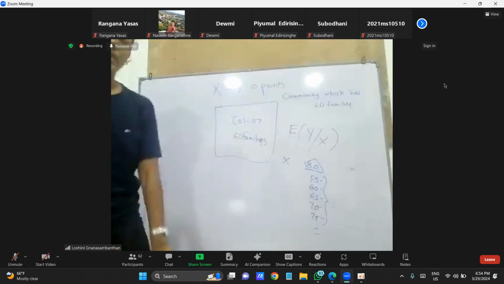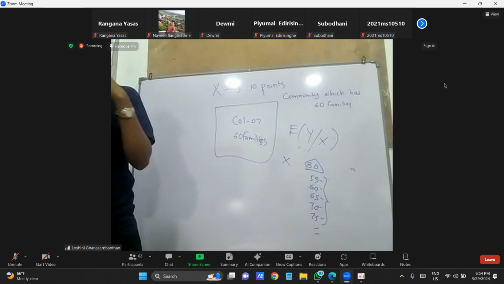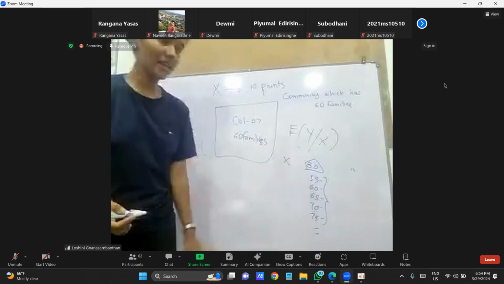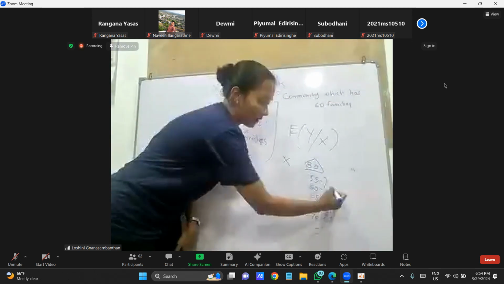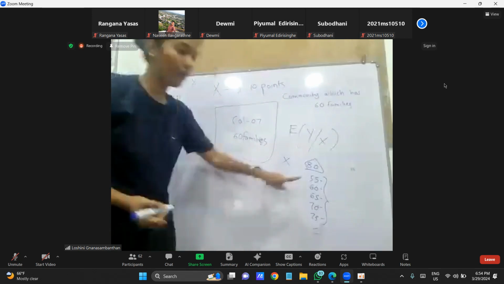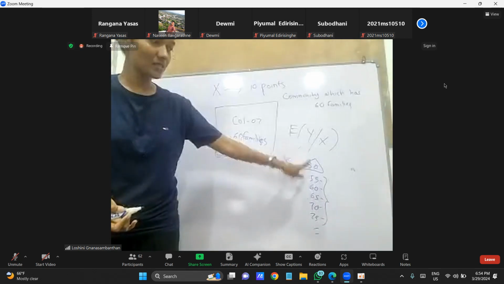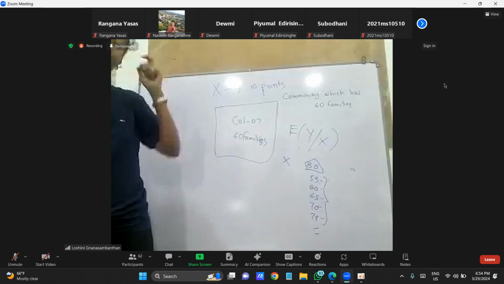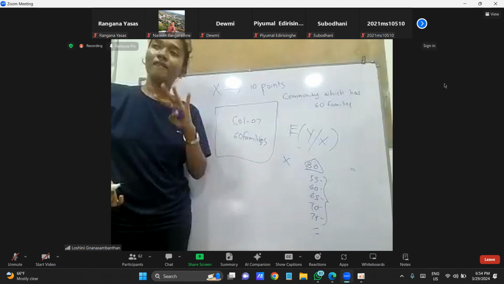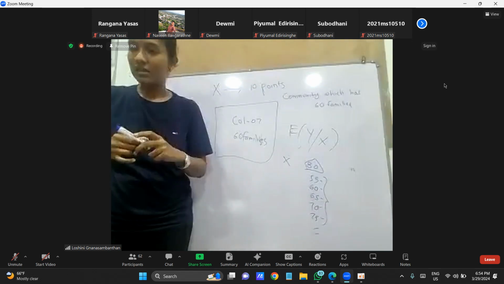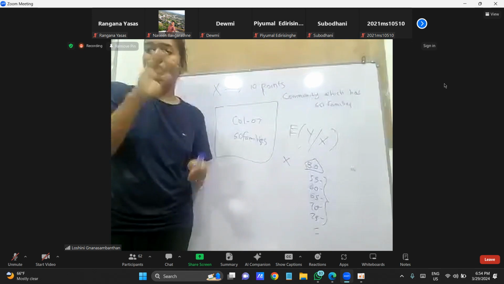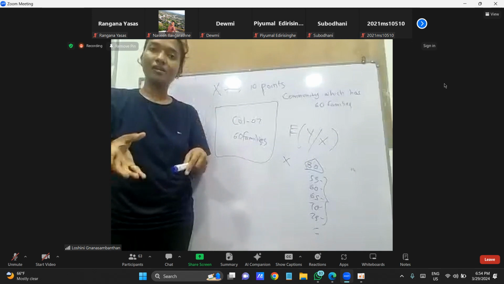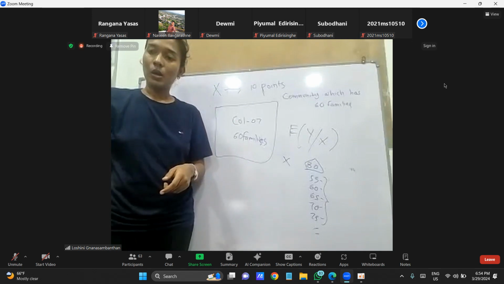How you get the conditional mean of y is that you add all of this and divide by the number of points here. How many families are there in this column? You add these and divide by 5. Then it will give you the conditional mean of y. So conditional mean is the mean given at a particular point of x, the mean of the dependent variable, in this case y.